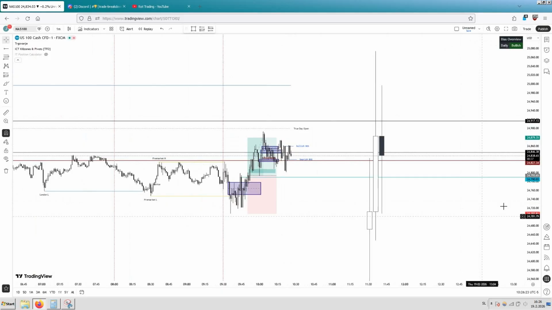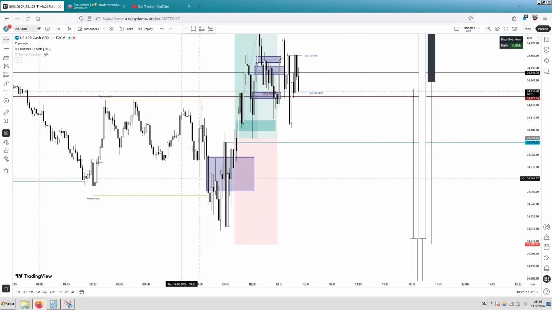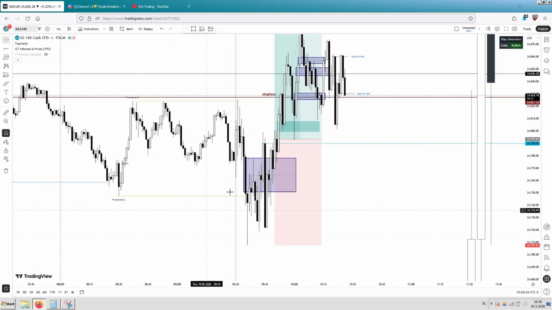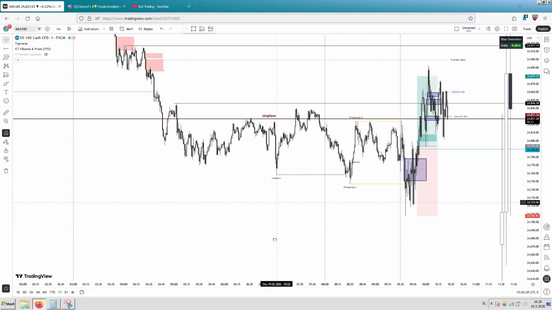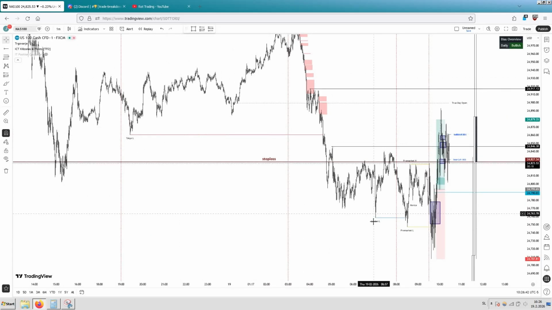Then what happened? We go to 1 minute. We went higher, we swept the pre-market session high, we went lower. We swept the pre-market session low, and at the same time, what do we see? That all of the lows have already been swept. Tokyo session swept, London session swept, pre-market session swept.